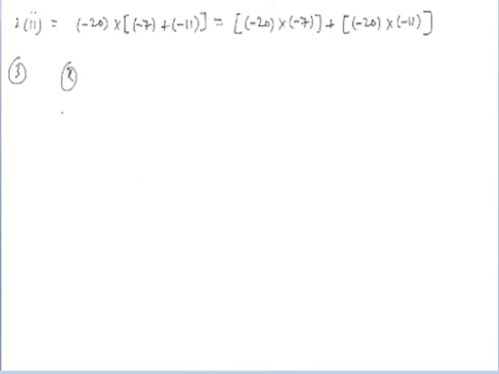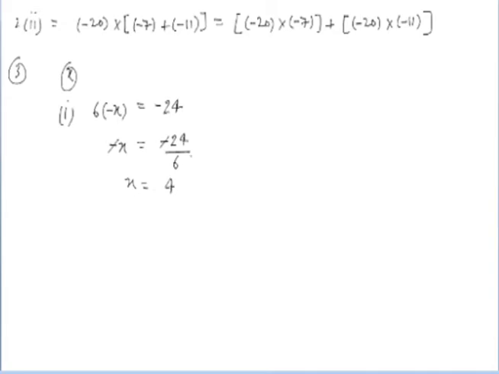So first is 6 minus x is equal to minus 24. So minus x is equal to minus 24 upon 6, minus cancel, x is equal to 4.